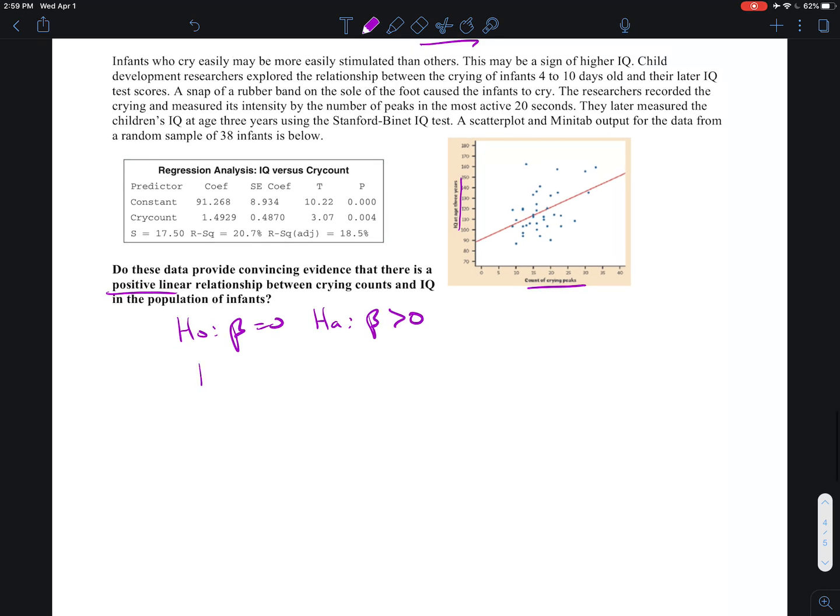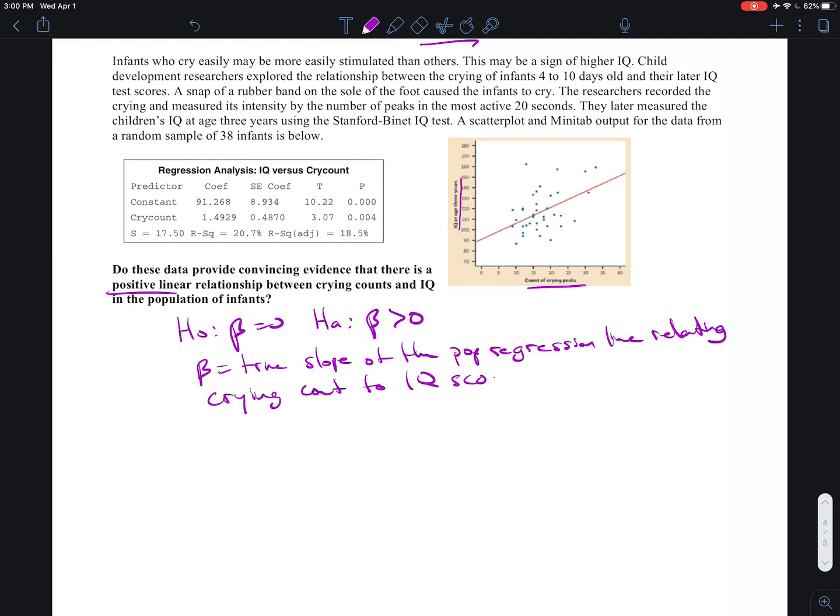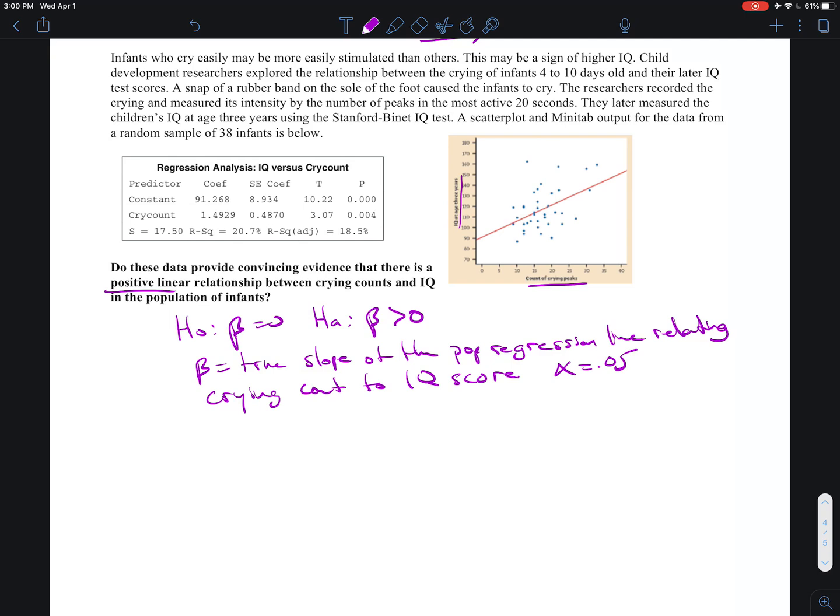One-sided test where beta is equal to the true slope of the population regression line relating crying count to IQ score. And we'll use alpha equals 0.05 since we weren't given one. Hopefully that's fair enough. So that would be step 1 if we're carrying out a 4-step procedure.